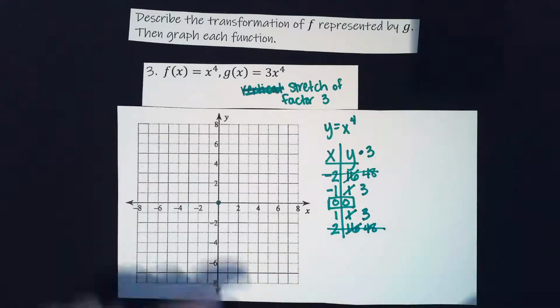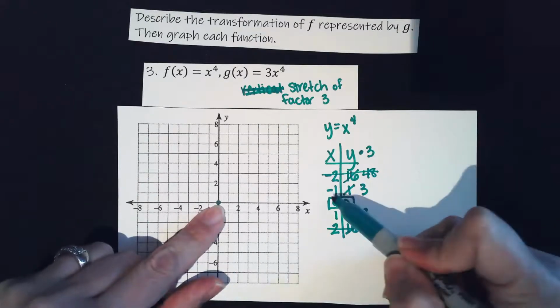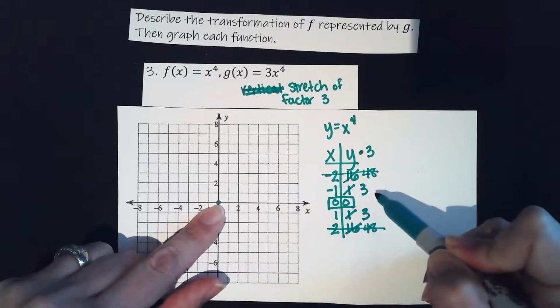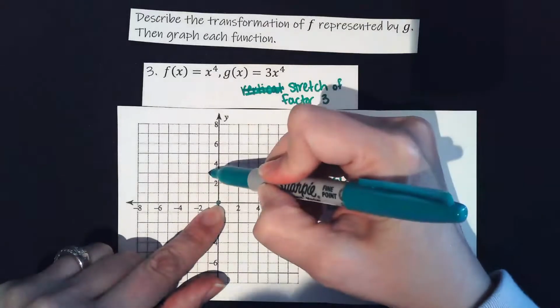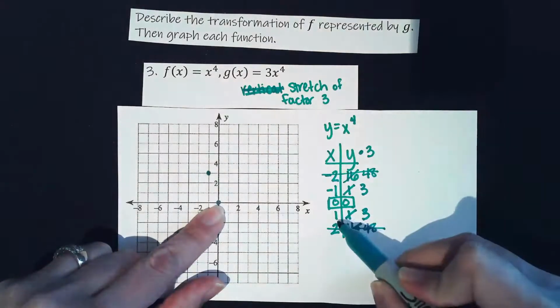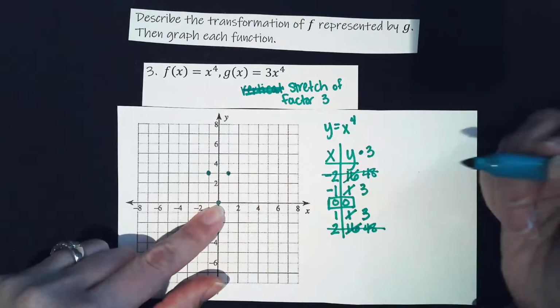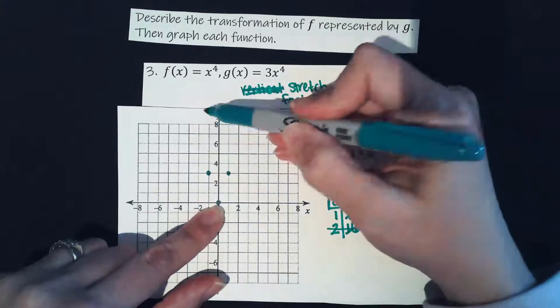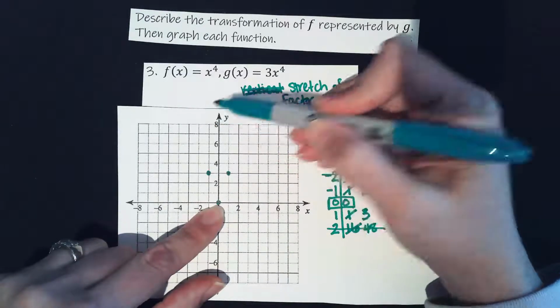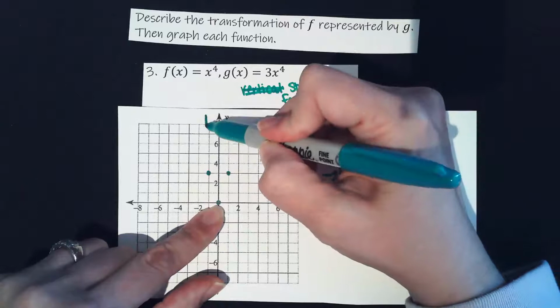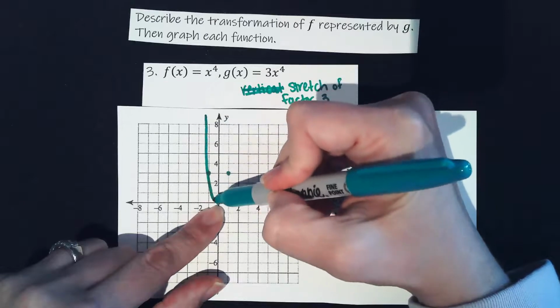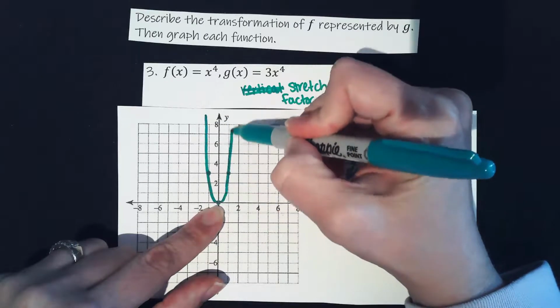So from my starting point, I'm going to graph left 1, up 3, and right 1, up 3 from that starting point. These other ones were off the graph, going left and right, but up. So it's very steep, and it'll look like that.